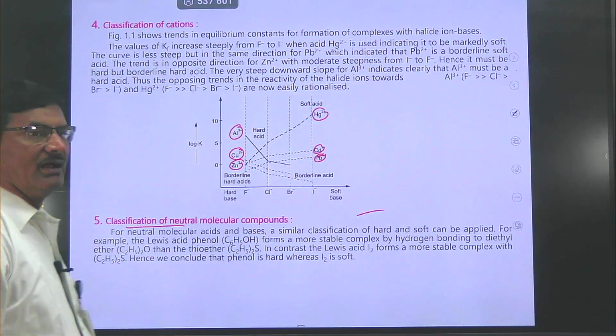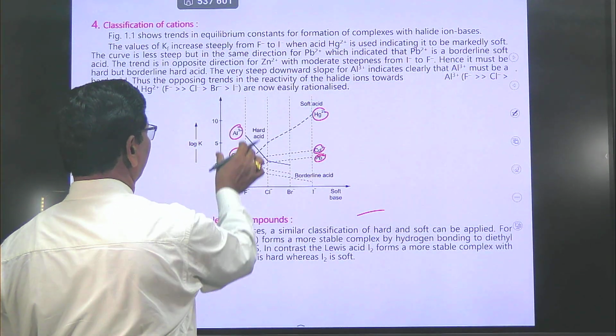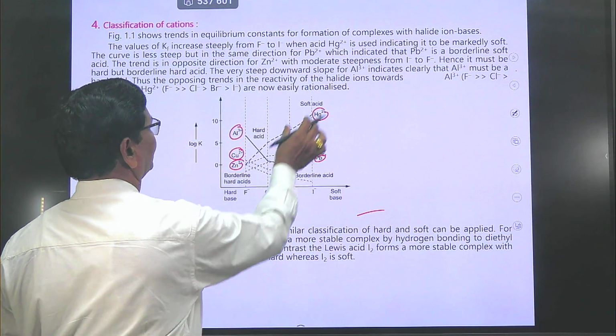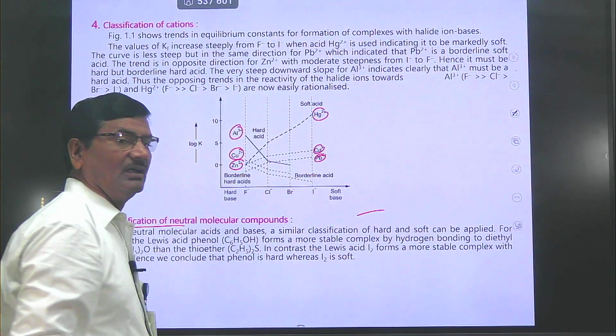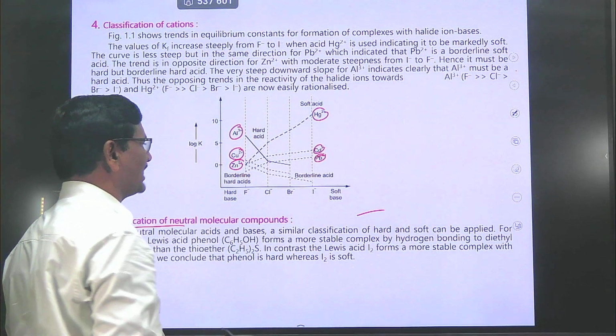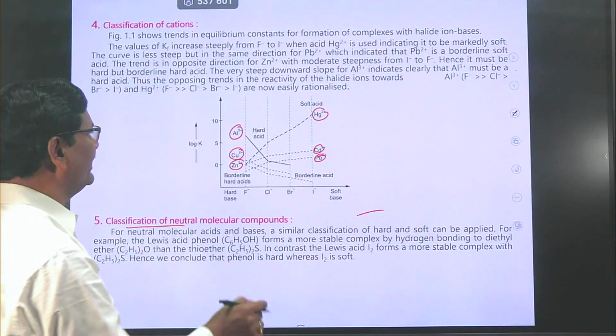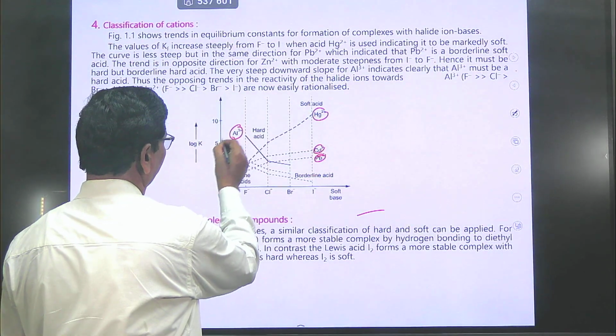classification of cations on the basis of that Pearson rule. Graphically, if you observe, this patch becomes the hard acid, this patch becomes the soft acid, and the middle patch becomes the borderline. If hard and soft acids and bases are classified into different categories on the basis of the graph, it means this combination is favorable.